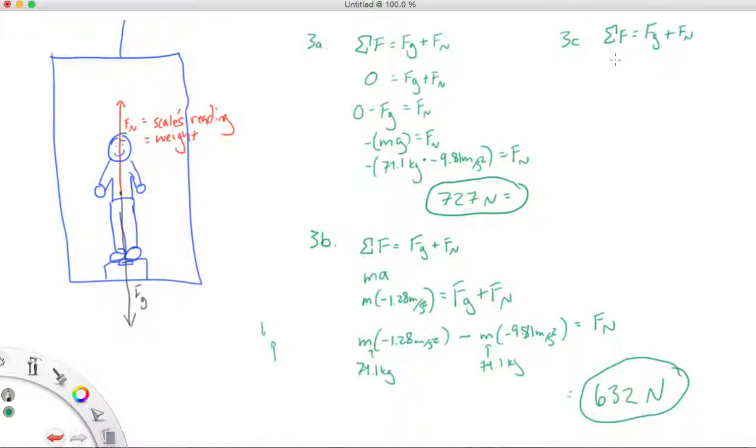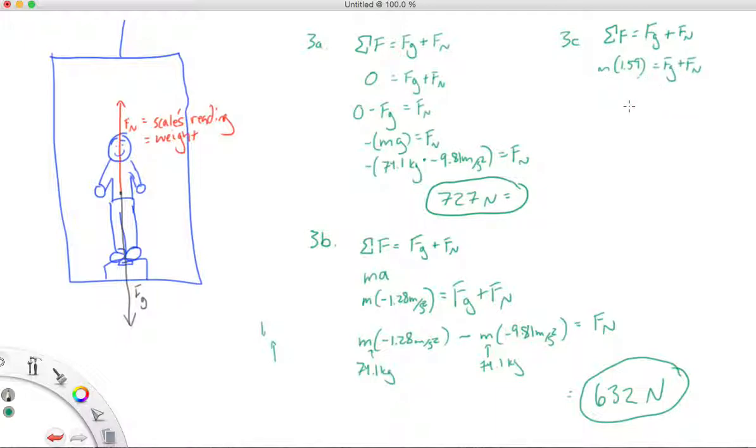For C, it says he's going down but is slowing at a rate of 1.59 meters per second. So he's going downwards, his motion is downwards, but his acceleration is up, so it's a positive number. So it's going to be his mass times 1.59, and equals Fg plus Fn.